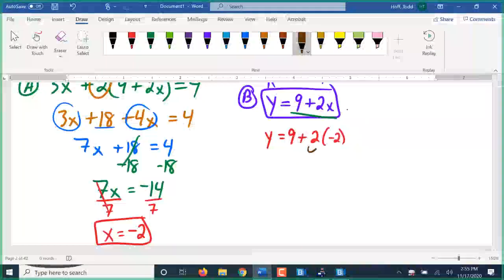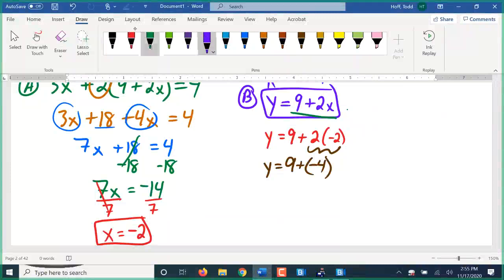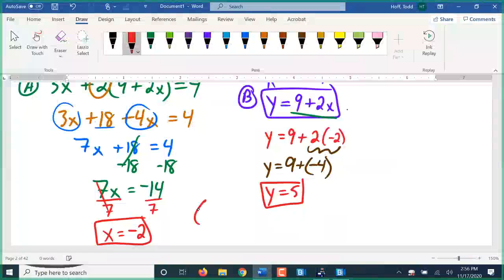So order of operations, 2 times negative 2 is negative 4. So y equals 9 plus a negative 4. 9 plus a negative 4 is 5. So y equals 5. So our solution here is the ordered pair, negative 2, comma, 5.